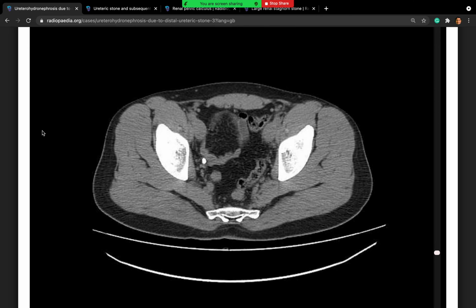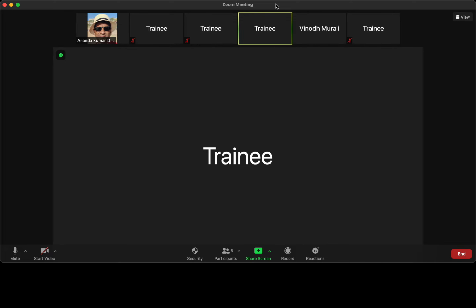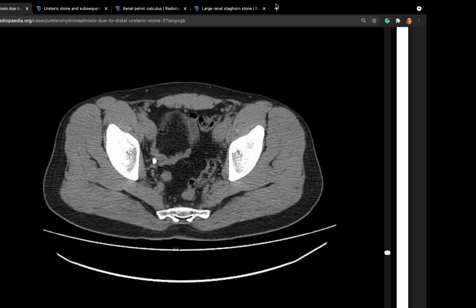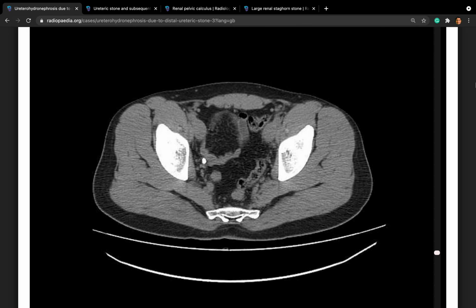So his bloods, please, and his renal function, is it all normal? Okay, as I said, his bloods were normal except for CRP at 14. Everything is normal, so I will give him safety net advice and manage him initially conservatively, expecting spontaneous stone passage.